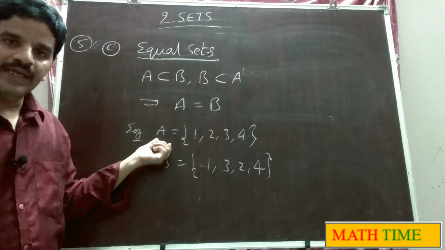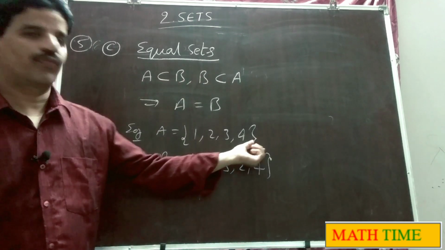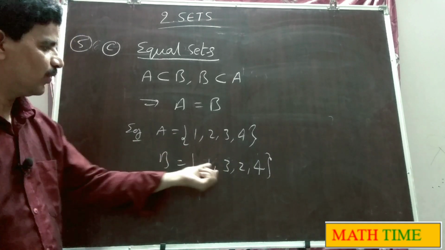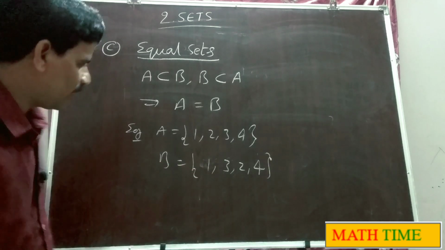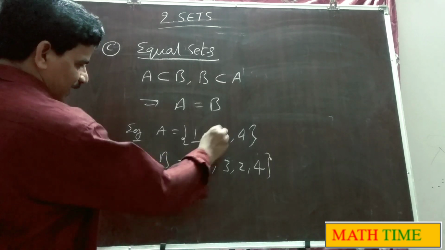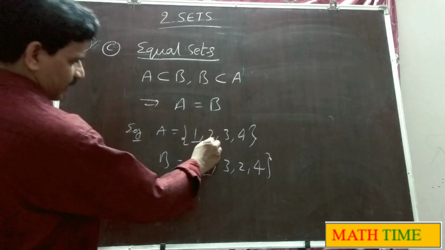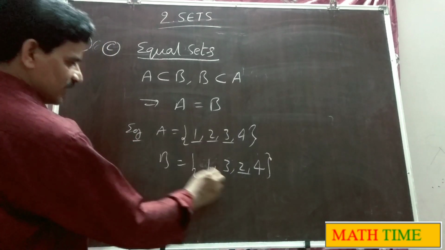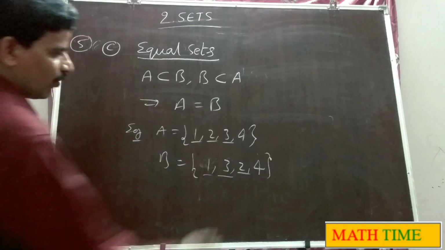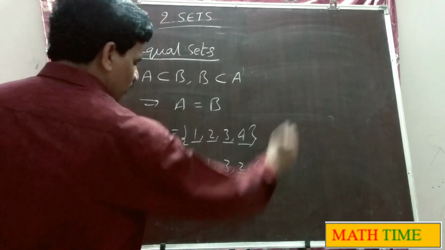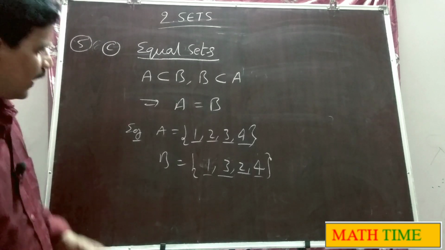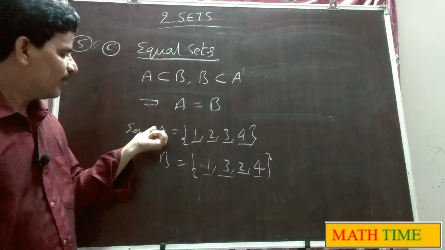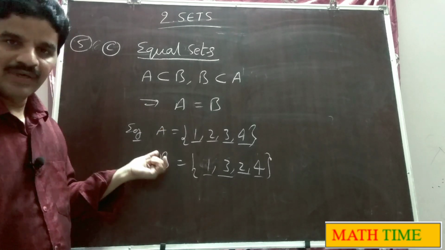Example: A = {1, 2, 3, 4} and B = {1, 3, 2, 4}. If you observe, 1 is there in A and also in B, 2 is there in A and also in B, 3 is an element of A which is also an element of B, 4 is an element of A and B. So 1, 2, 3, 4 are elements of A and are also elements of B. Here the number of elements in A is 4 and in B is 4.